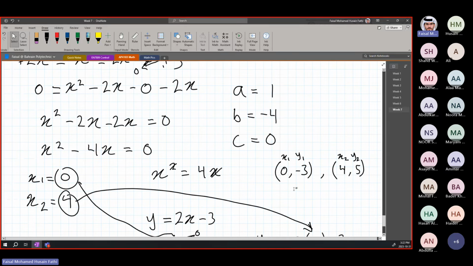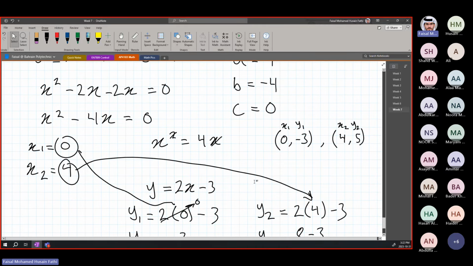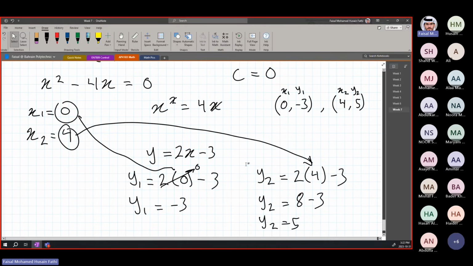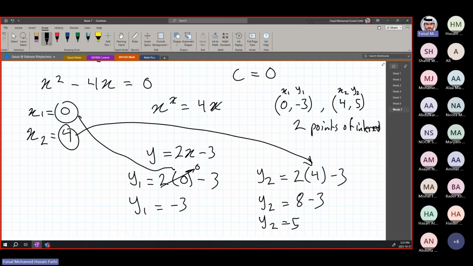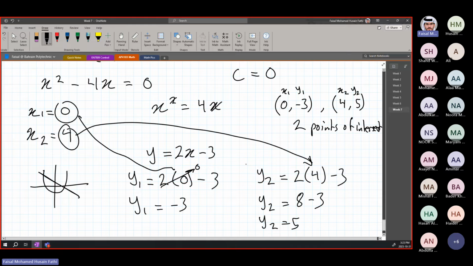We were solving simultaneous equations so we can find the point of intersection. This shows us that there are 2 points of intersection. Because we have a quadratic equation with a straight line, for example, there will be an intersection here and an intersection here, right? This is our first intersection, second intersection.